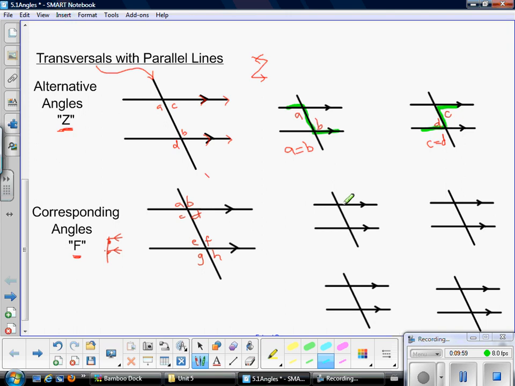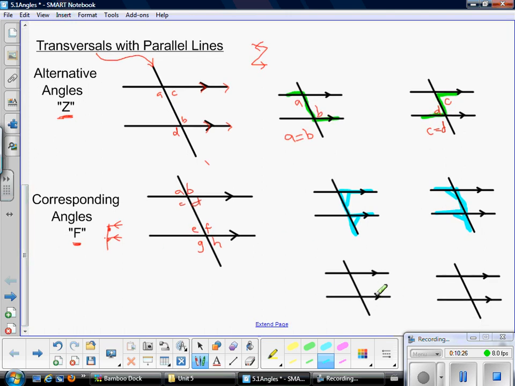So I'm looking for an F. A typical F obviously is here, which means that this angle is equal to this one. Okay, another one would be the mirror image of that one. So if I flip it around, here's an F pattern backwards, and that would mean this angle equals this angle.